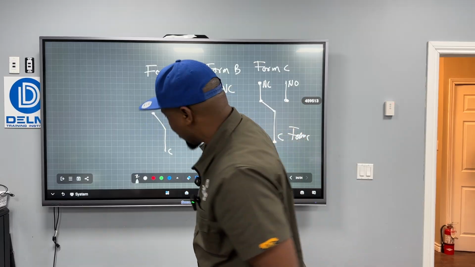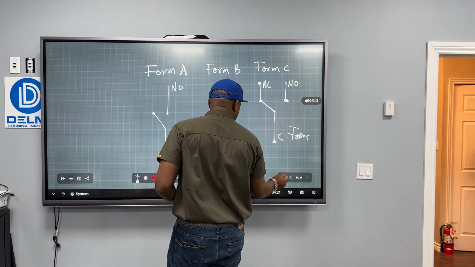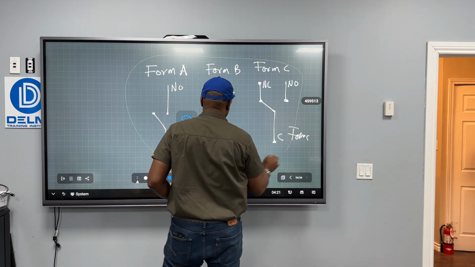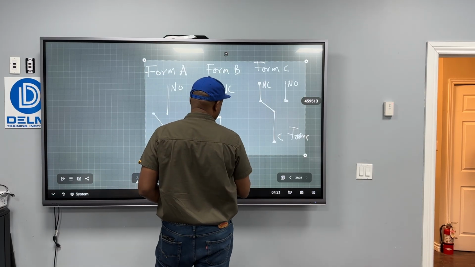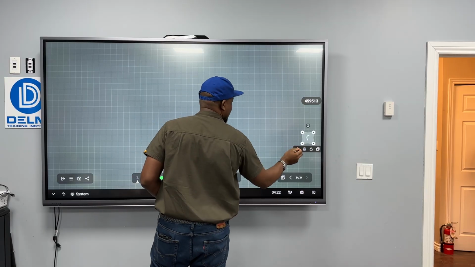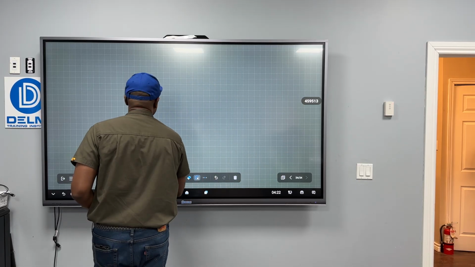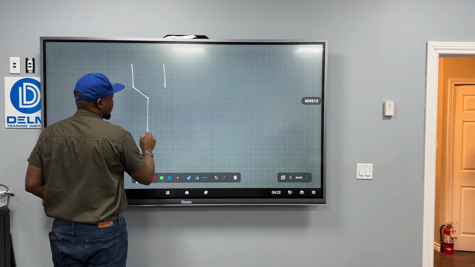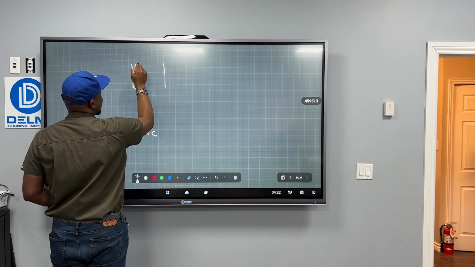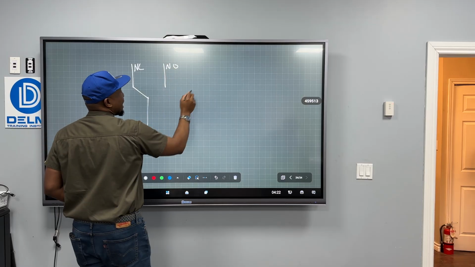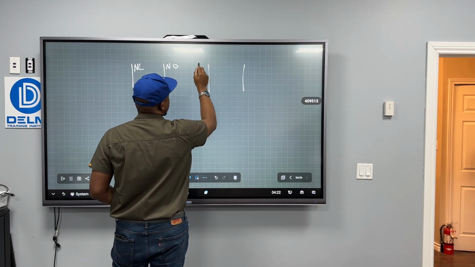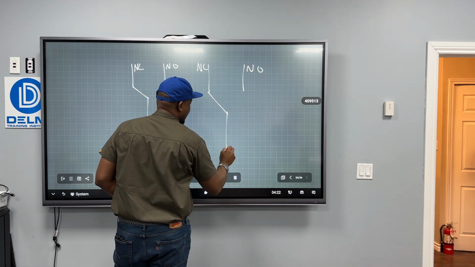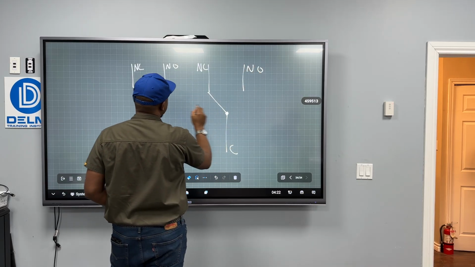So yesterday we were looking at this. We had the opportunity to look at this yesterday, where we determined that if we have this common, normally closed, normally open, and we have the same thing like this, normally closed, normally open, and a common, like this, right?